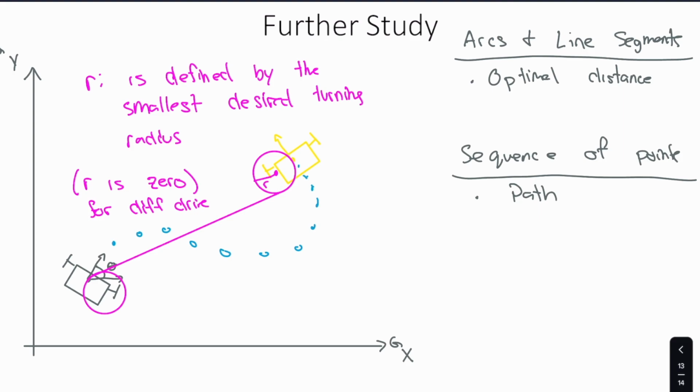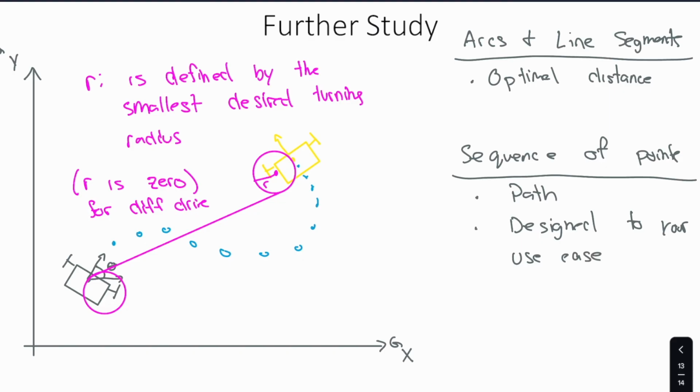You can do this manually or automatically, and the sequence of points is usually optimal with respect to some considerations, so designed to some sort of specification. And I'll say that means designed to your use case.